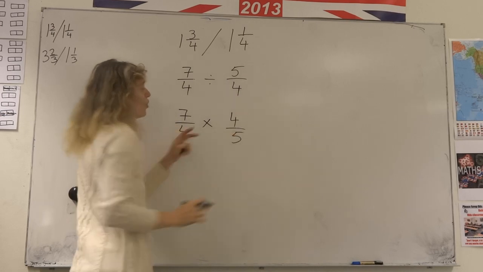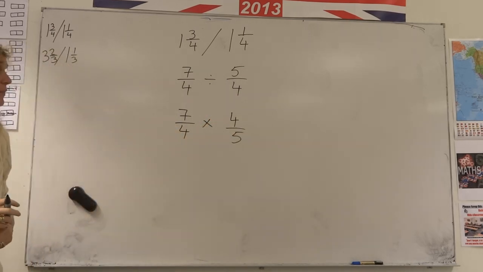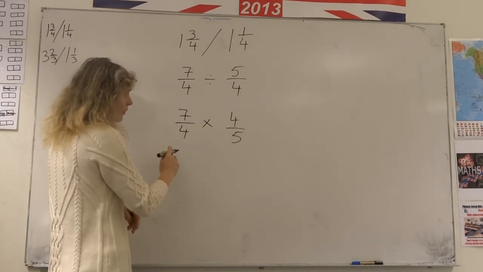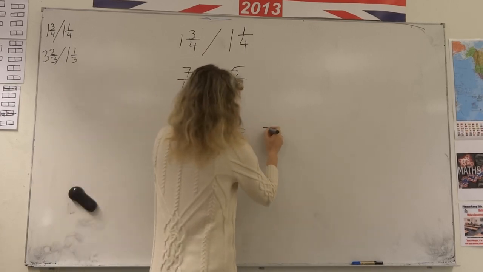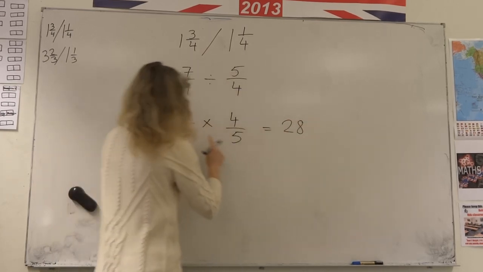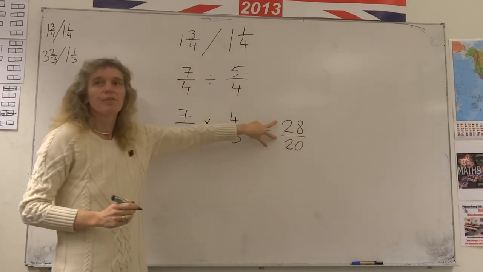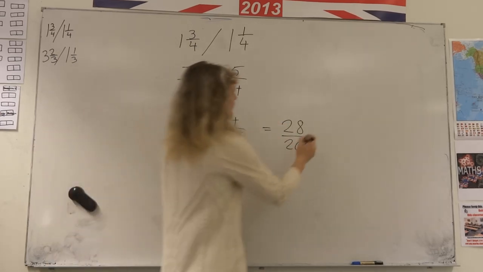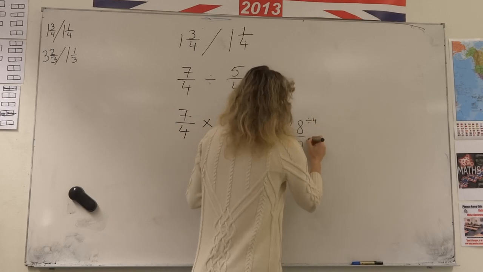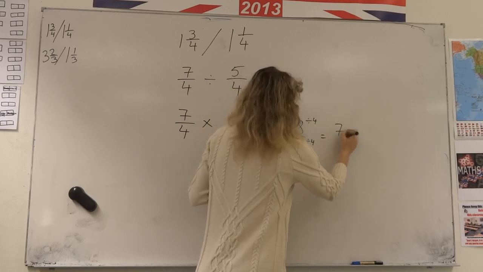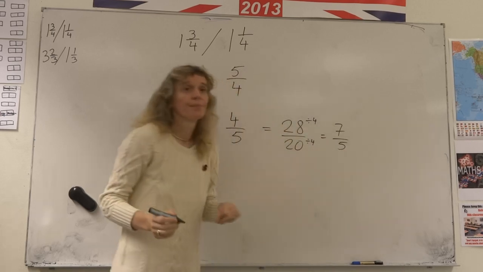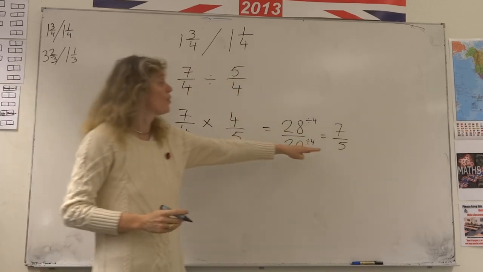So 5 over 4 becomes 4/5. Now, 7 4s are 28. 4 5s are 20. We can see that both of these numbers are divisible by 4, so we do that. 7/5. So now we're at the simplest form of fraction.